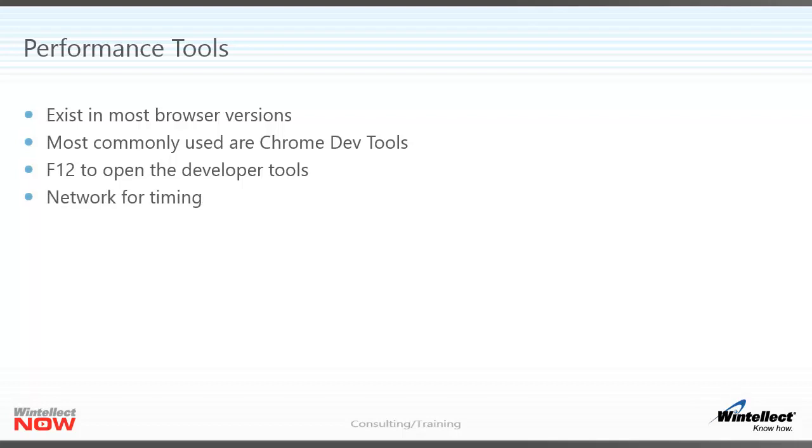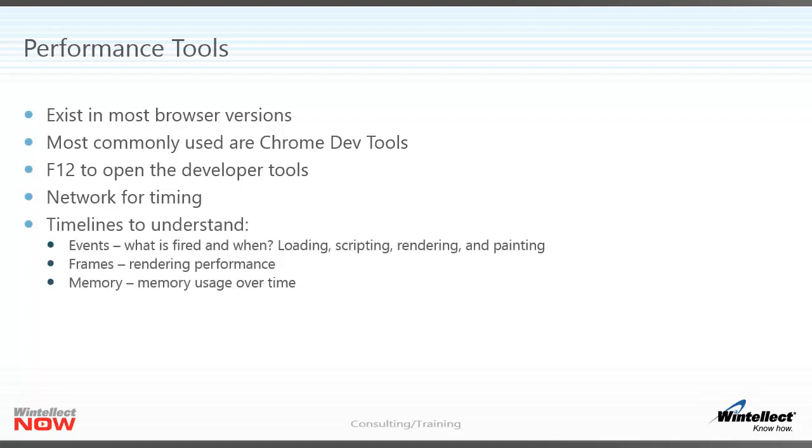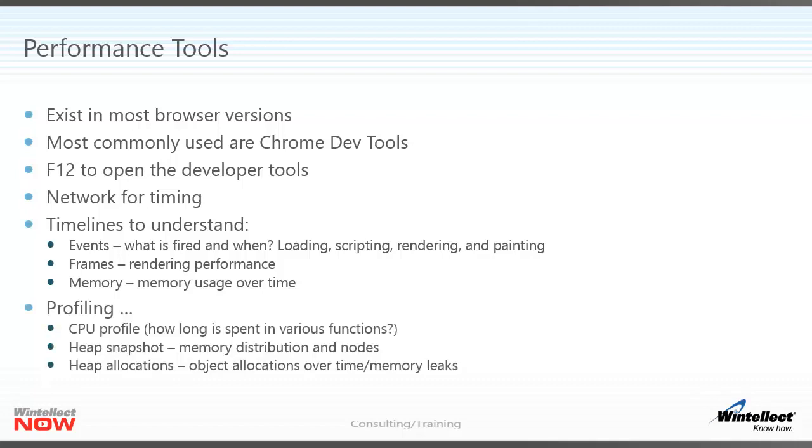But there are several tabs that you can use once you open those tools. For example, you can open the network tab and understand timing for your application. You can also move to timelines, and you can view events that are fired on the page and understand where time is spent, whether it's loading, scripting, rendering, or painting. You can take a look at frames to understand rendering performance, and you can look at memory to understand memory usage over time.